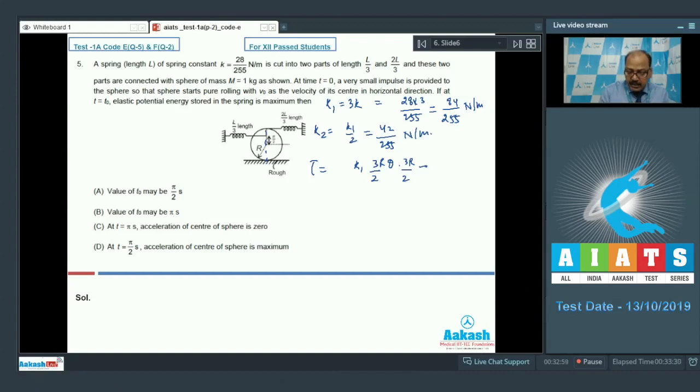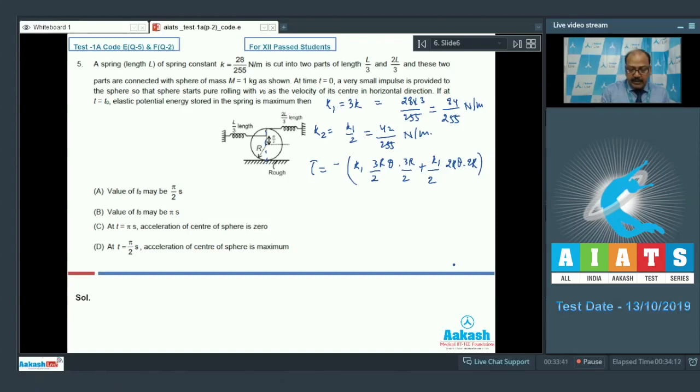Similarly, for the other spring, its force constant is K1 by 2, and if it has moved by angle theta, then the force is the force constant multiplied by 2R theta, and if we multiply it by 2R again, we get the torque. We put a minus sign because it's a restoring torque.